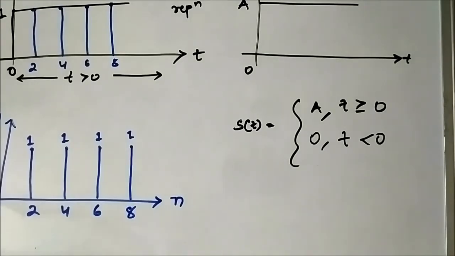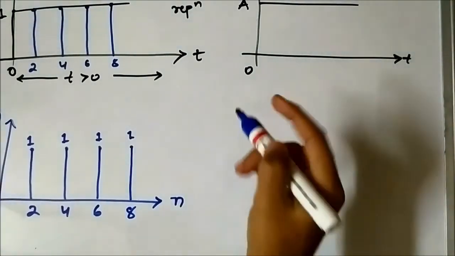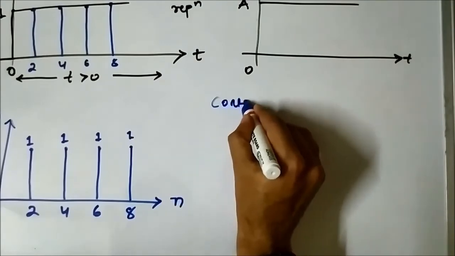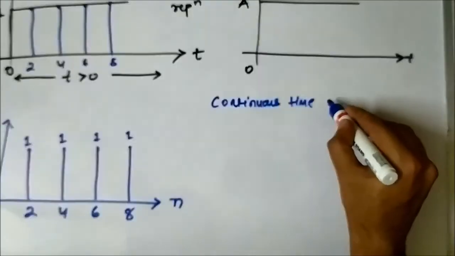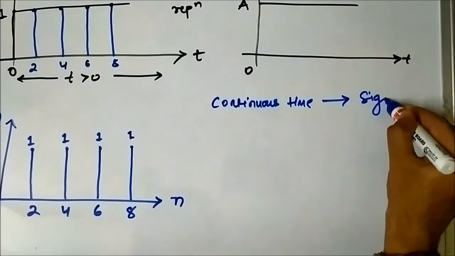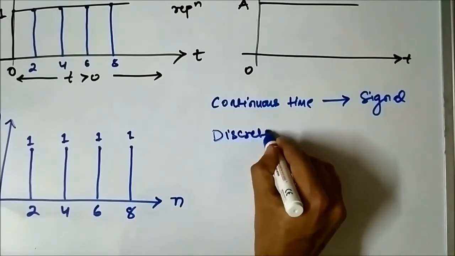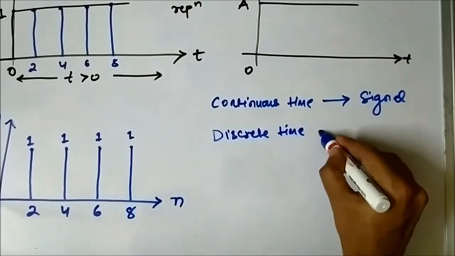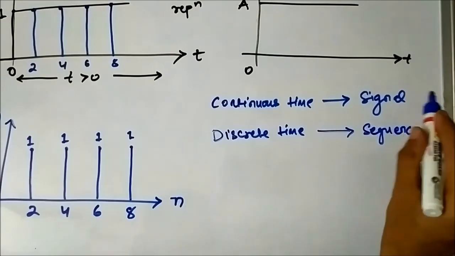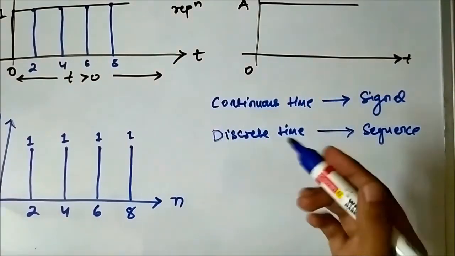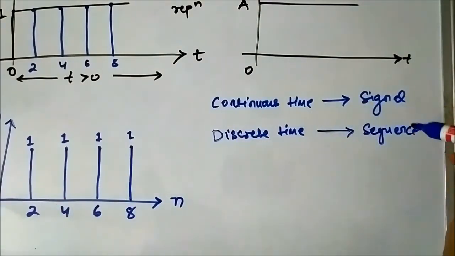Another important thing which I missed is that in continuous time the signal is called a signal, but in discrete time it is not called a signal, it is called a sequence.